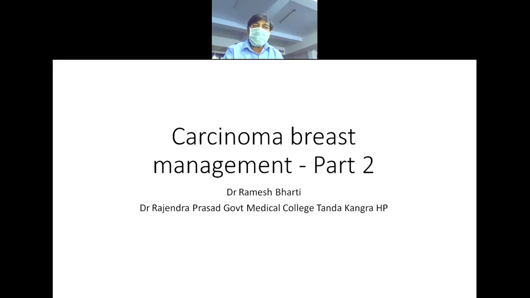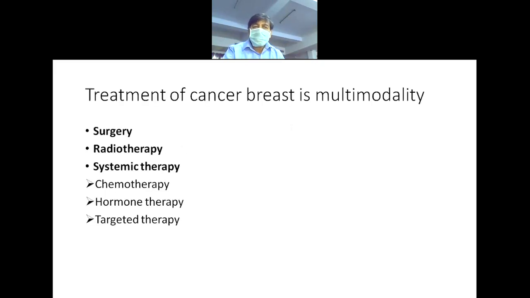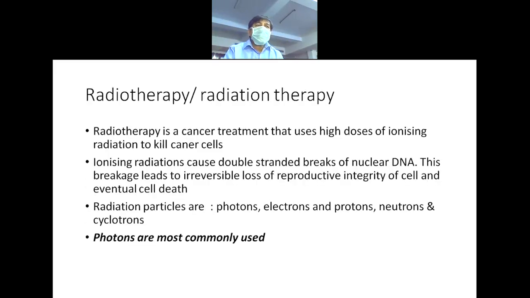That is surgery, radiotherapy, and then systemic therapy. In systemic therapy: chemotherapy, hormone therapy, targeted therapy. In the last lecture, we covered surgery in detail. Now let us discuss the remaining part of the management, that is the radiotherapy and the systemic therapy.